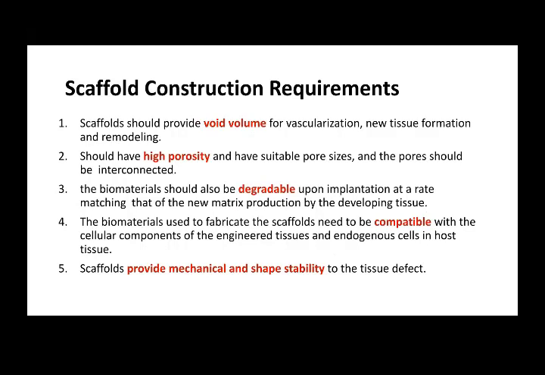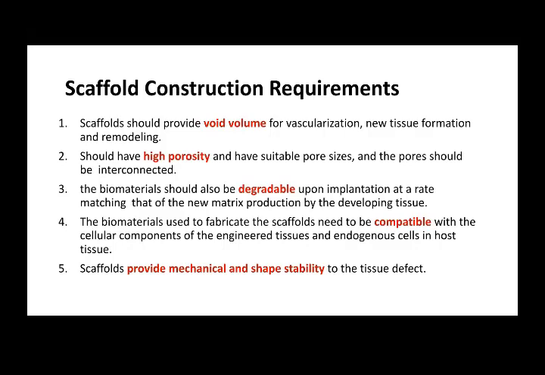Three, biomaterials should be degradable upon implantation at a rate matching that of the new matrix production by the developing tissue. Four, the biomaterials used to fabricate the scaffolds need to be compatible with the cellular components of the engineered tissues and endogenous cells in host tissue. And five, scaffolds provide mechanical and shape stability to the tissue defect.